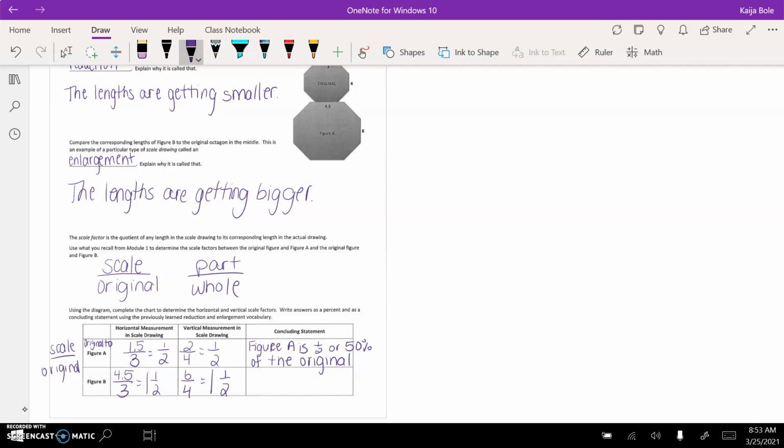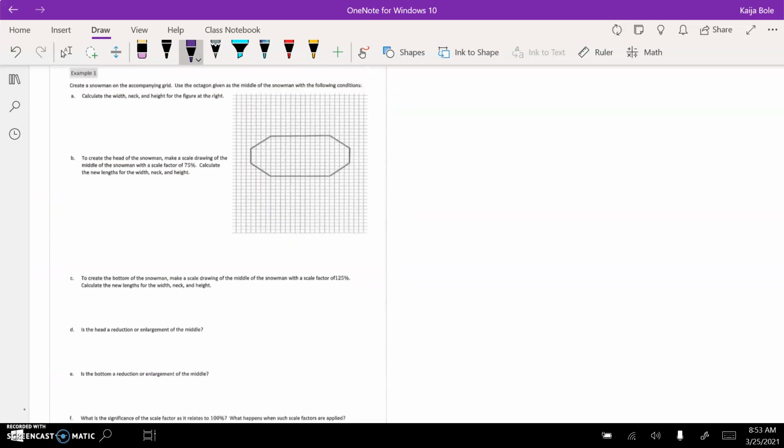So here we could say figure B is 1 1/2 or 150% of the original. All right, and then you can go ahead and flip the page.